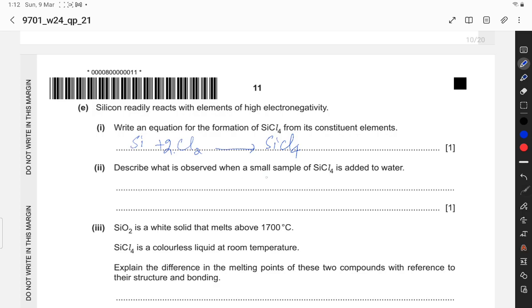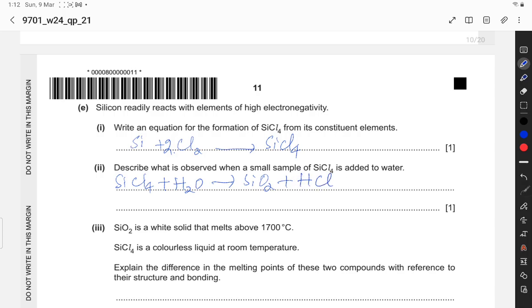Describe what is observed when a small sample of silicon tetrachloride is added to water. When silicon tetrachloride is added to water, silica, SiO2, plus HCl is formed.